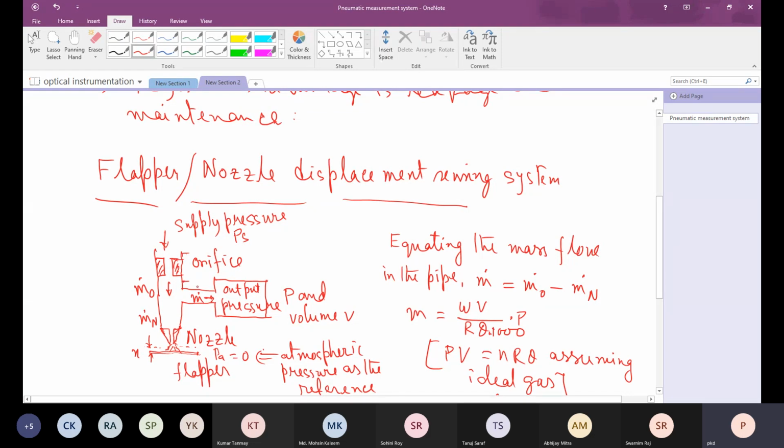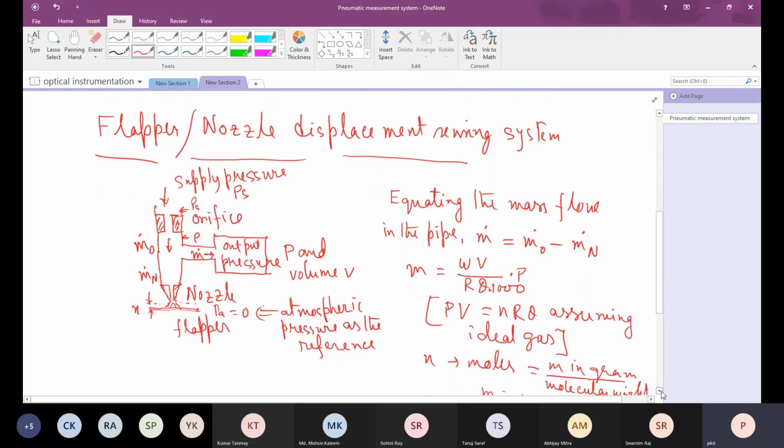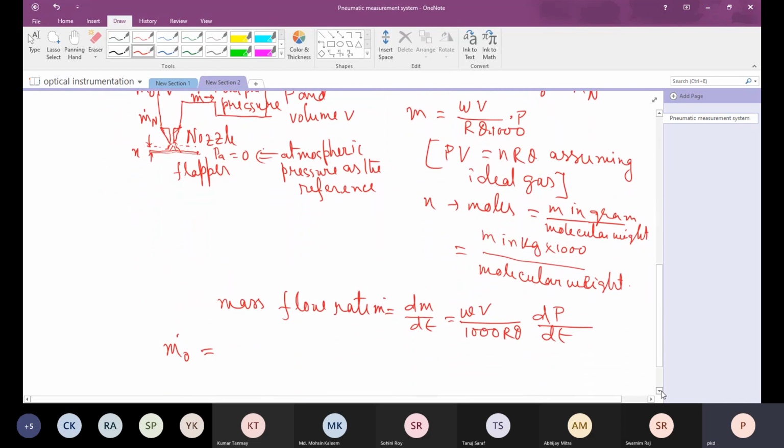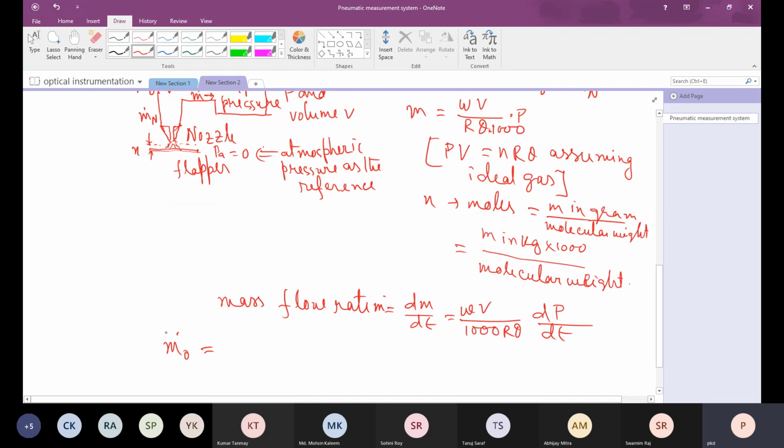Okay, supply pressure is PS and the output pressure is say P. Okay, so here we have P, here we have PS. So the differential pressure will determine the mass flow rate.